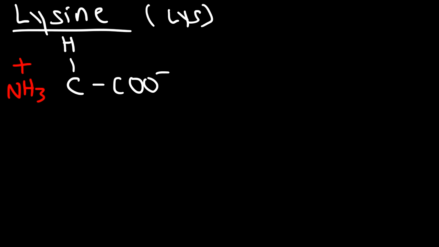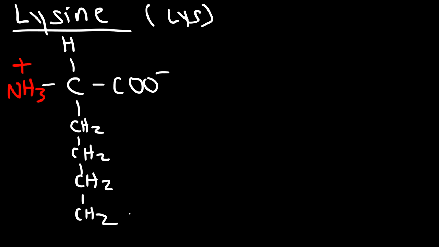Now I had to redraw because I'm going to need more space to write out the structure for this one. Now in lysine, there's going to be 4 methylene groups. So we have a CH2 attached to another CH2, and then another one, and then another one. And then at the end, we're going to have an amine.